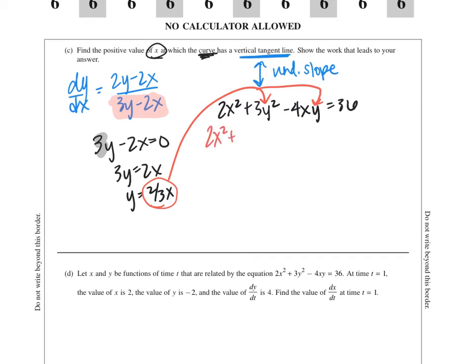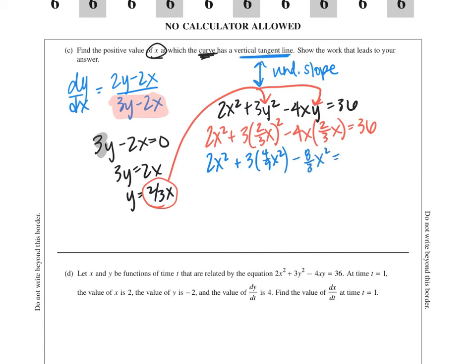We've got 2x squared plus 3 times (2/3 x) squared, minus 4x times another 2/3 x, equals 36. I'm going to keep solving. We got 2x squared plus 3 times 4/9 x squared, minus 8/3 x squared, equals 36.